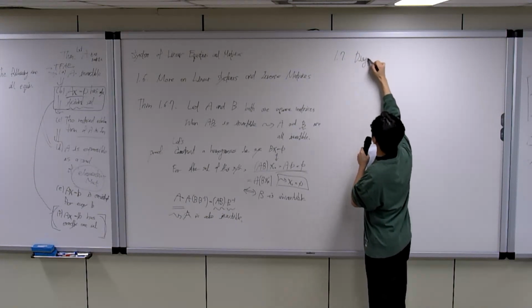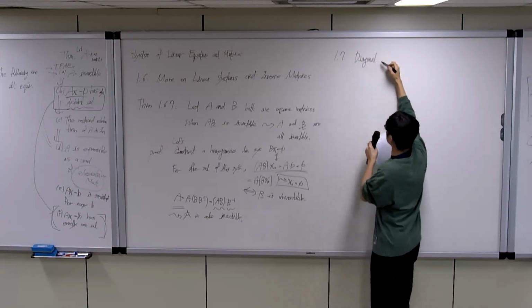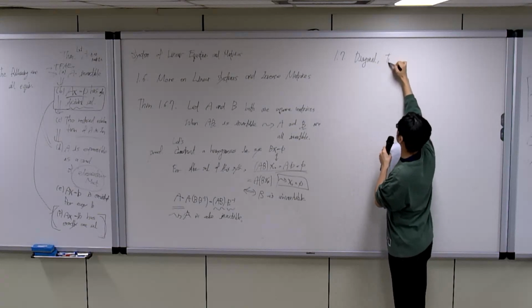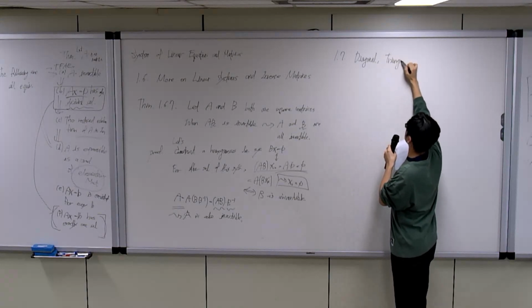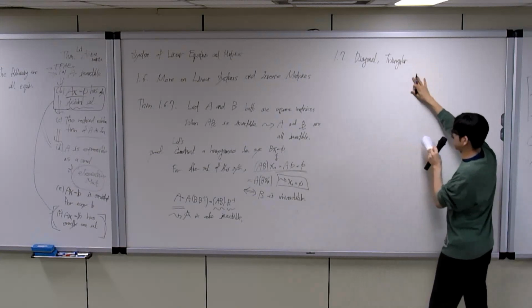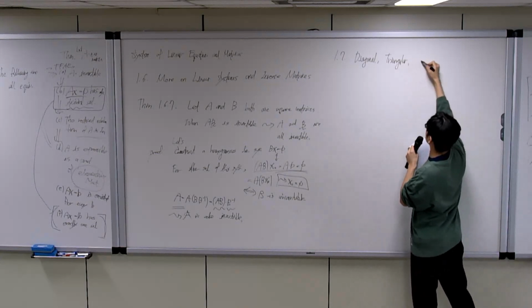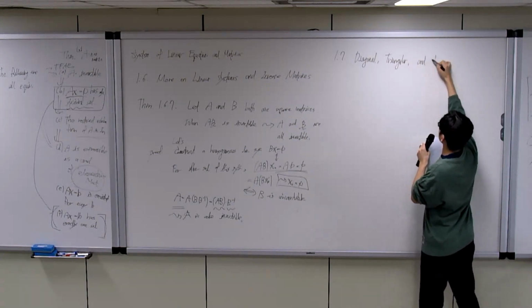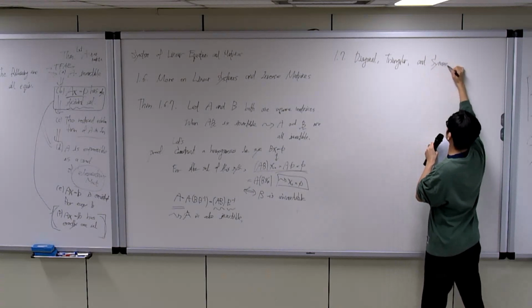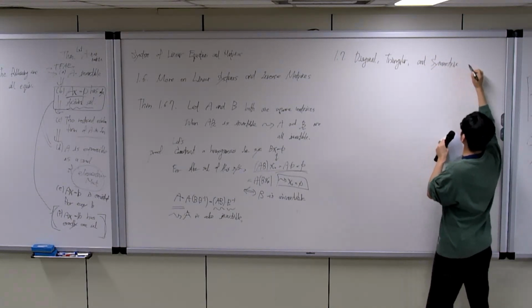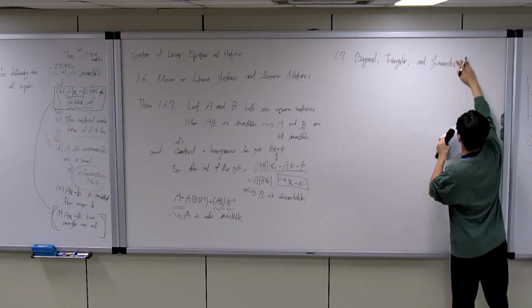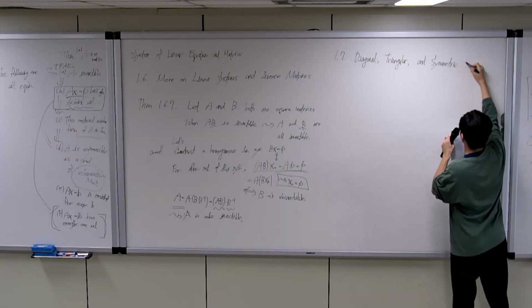There are some forms of matrix. One is diagonal, two kinds of triangular matrix, and the symmetric matrix.